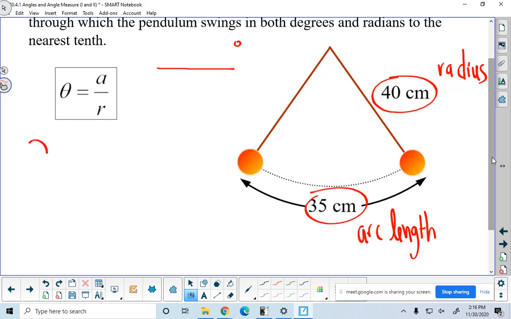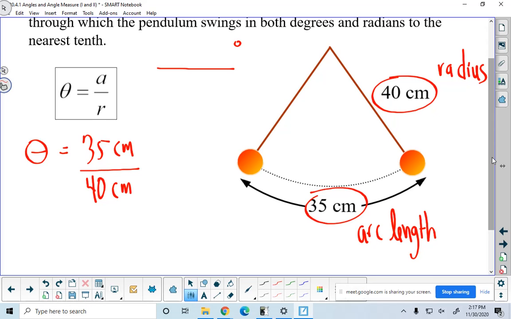So the angle is the arc length, which is 35 centimeters, divided by the radius, which is 40 centimeters. By the way, these two quantities have to be in the same units. So if one was centimeters and one was meters, you'd want to make sure they're both meters or they're both centimeters.